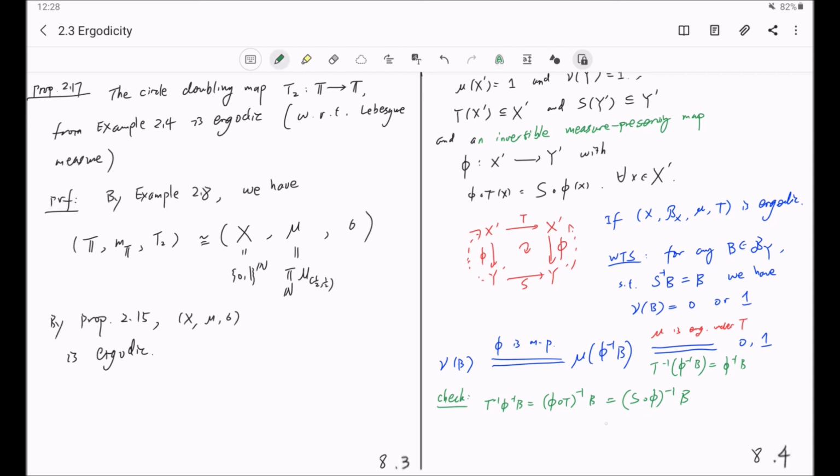And this is equal to phi inverse composed with S inverse applied to B. Because B is assumed to be invariant under S, we are going to get phi inverse of B in the end. So this shows that phi inverse of B is invariant under T. And this finally shows that nu of B is either 0 or 1.